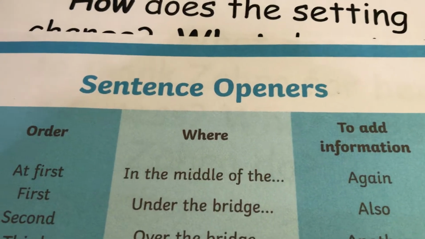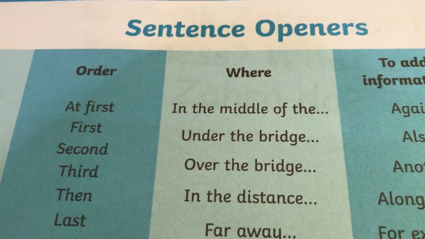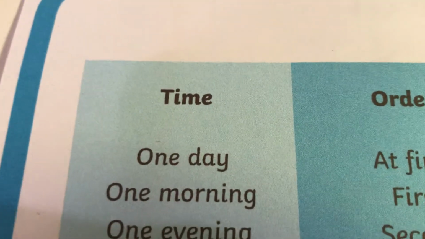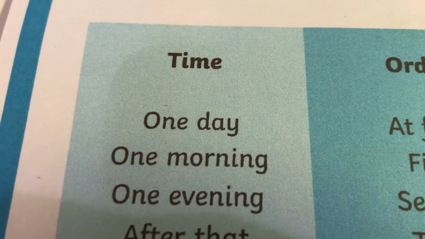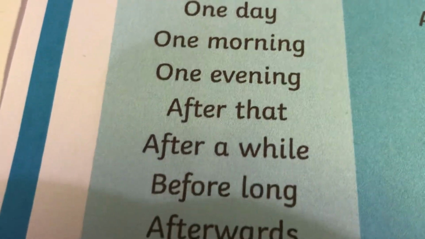I'm also going to look at some sentence openers to help me write my story today so that I can be a little bit more descriptive. And I'm going to concentrate on the time. So this is the end of our story. I can't write one day, one morning, one evening because it's all part of the same day.